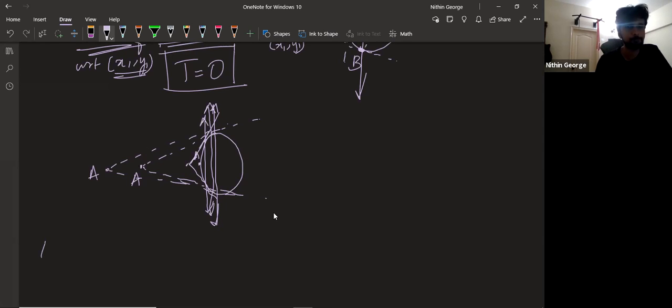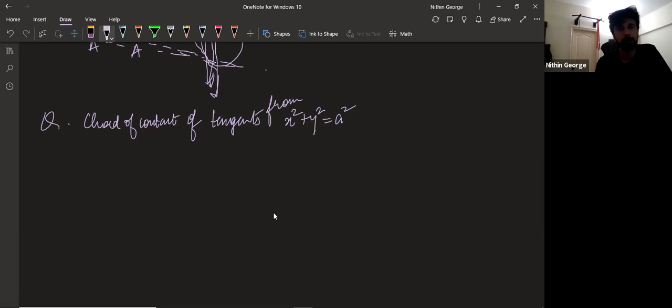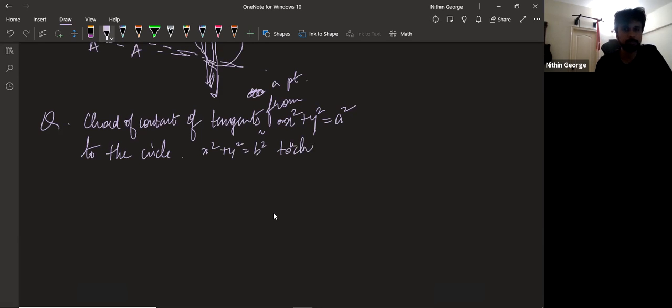Okay, try this question. The chord of contact of tangents drawn from a point on x square plus y square equal to a square to the circle x square plus y square equal to b square touches another circle x square plus y square equal to c square.